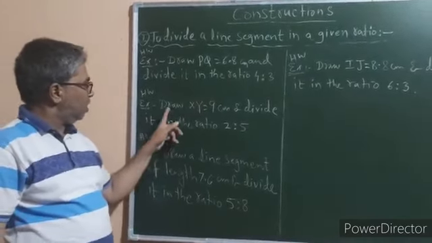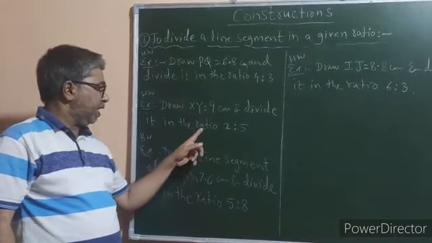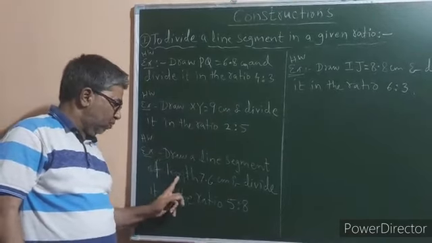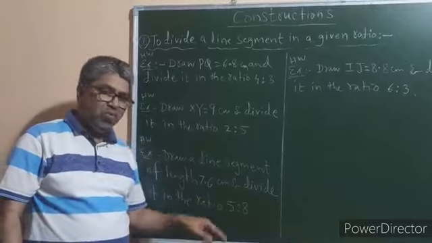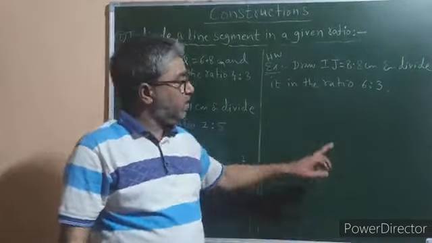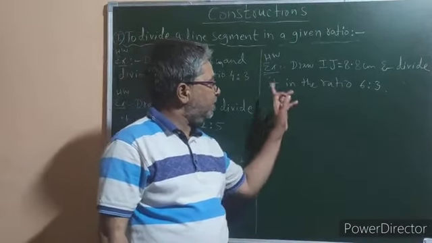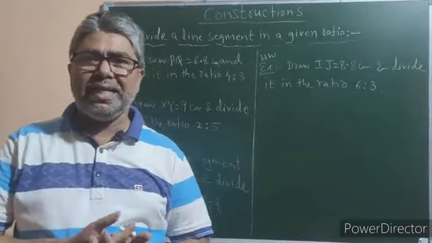The second one is draw XY equal to 9 centimeter and divide it in the ratio 2:5. Third one is draw a line segment of length 7.6 centimeter and divide it in the ratio 5:8. And one more example is draw IJ equal to 8.8 centimeter and divide it in the ratio 6:3. So this is all mechanical work.